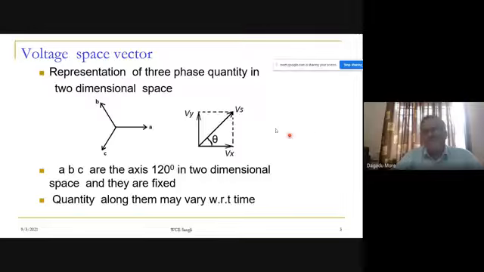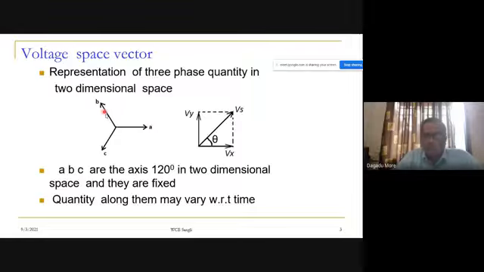Everybody knows X, Y; this is our two-dimensional space. A three-phase quantity, which may be DC, sinusoidal, or non-sinusoidal, any quantity we can represent with a space vector. For voltages, it is a voltage space vector. For currents, it is a current space vector. For flux linkages, it is a flux space vector, and so on.